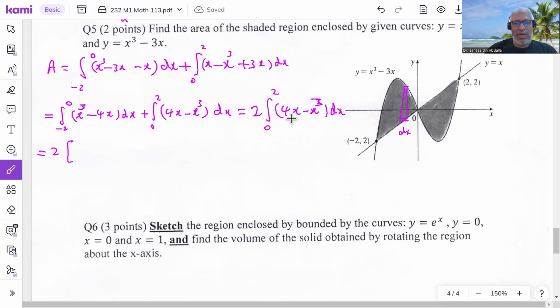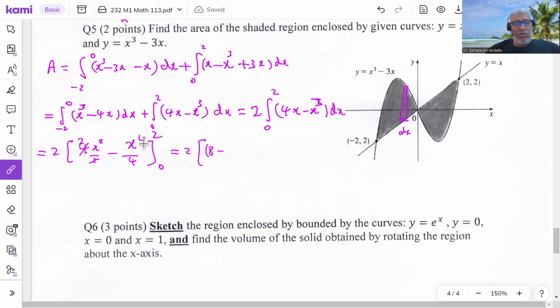2. Now the integral of 4x is 4x squared over 2, and the integral of x cubed is x to the power 4 over 4, from 0 to 2. So I have 2 times, now replace x by 2. Notice that 4 over 2 is 2, so I have 2 squared, that's 4 times 2, that's 8.